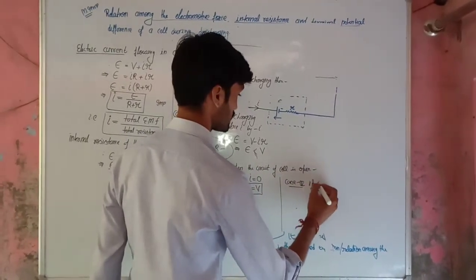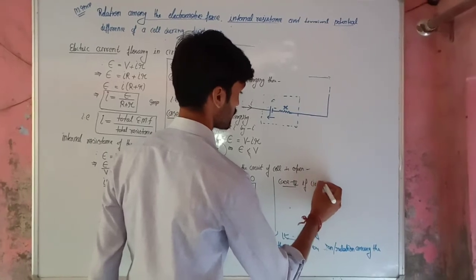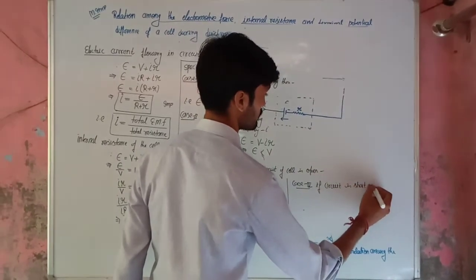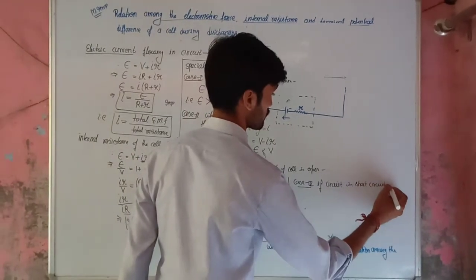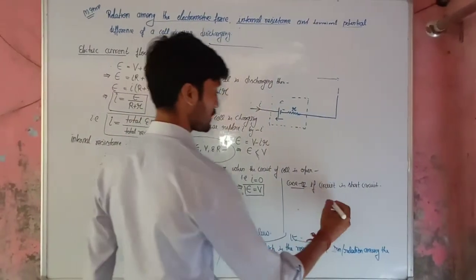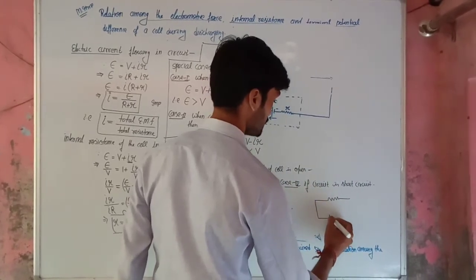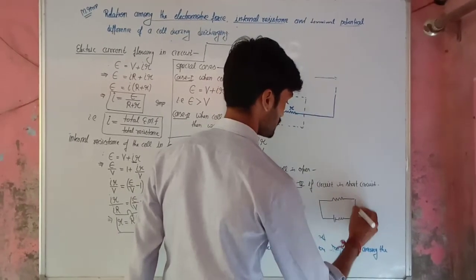If the circuit is short circuited, it means, suppose this is the external resistance and this is the cell's internal resistance.